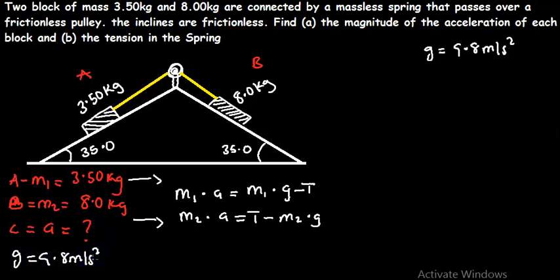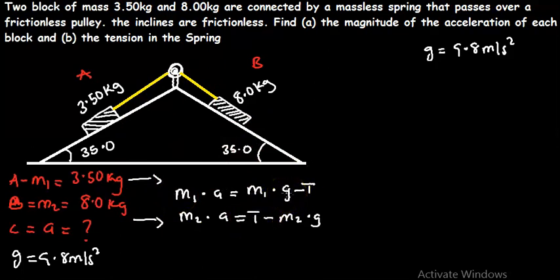Since the blocks are connected by the massless spring, the tension T in the spring is the same for both blocks. The only thing we need to do at this point is to add the two equations together so that we can get rid of the tension.